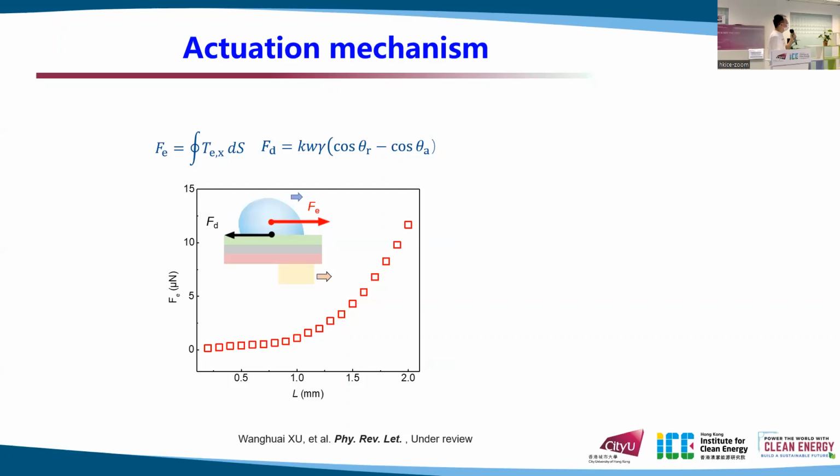Integrating the surface electrical tension gives an overall driving force acting on the droplet. As you can see in the figure, with the actuation of the electrodes, the driving force acting on the droplet can increase and overcome the resistance force acting on the droplet and actuate the droplet motion.